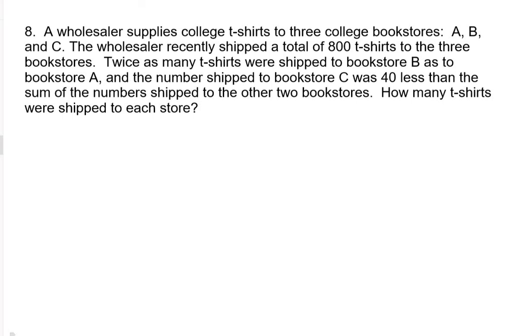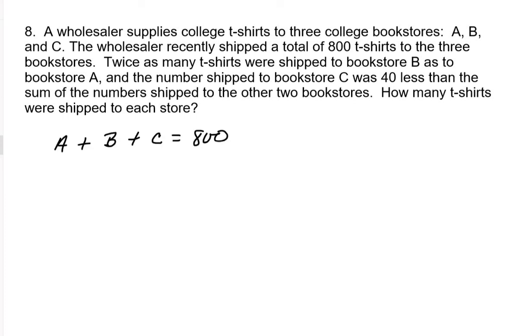How many T-shirts were shipped to each store? So I'm not going to write out what my variables are going to be. Obviously, A is going to be representing the number of T-shirts that were shipped to store A. B is going to be the number of T-shirts shipped to store B, and so on. So I know that all totaled, there were 800 shirts. Okay, so there's my first equation.